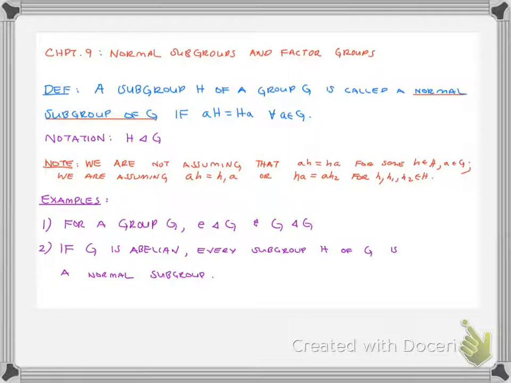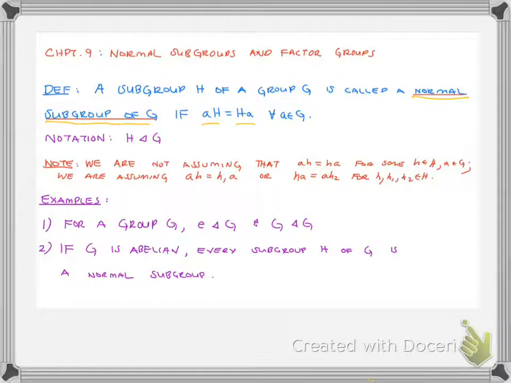But first, normal subgroups. The definition: a subgroup H of a group G is called a normal subgroup of G if aH equals Ha for all a in G. In other words, the left coset equals the right coset.